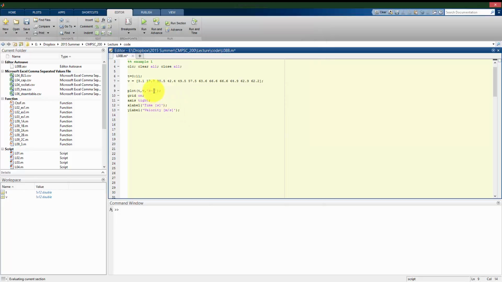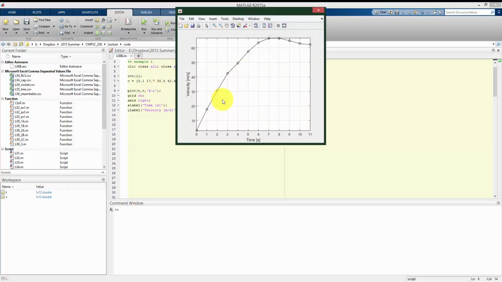Let me also put in those data points. Like with integration, I'm only going to be able to get these estimates at the same locations that my time samples were. So I'm only going to be estimating the acceleration at 0, 1, 2, 3, 4, 5 seconds, etc. Like with integration, if I want to know what's happening between, I could use interpolation or some other method to make that assessment.